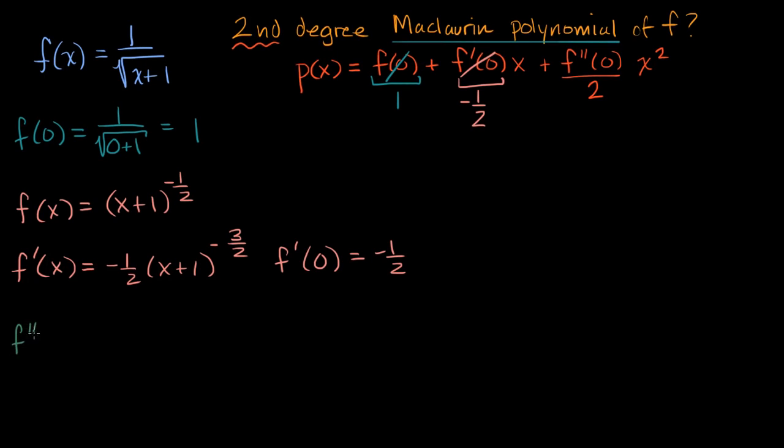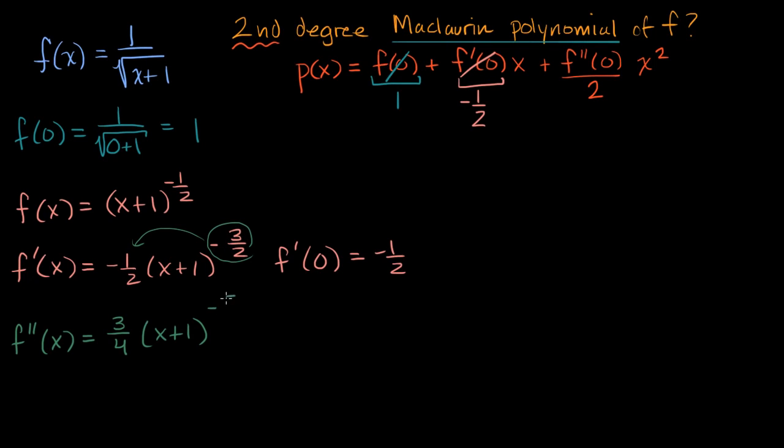So the second derivative with respect to x, well, I do the same thing again. The derivative of x plus 1 with respect to x, that's just 1. So I just have to take the derivative of the whole thing with respect to x plus 1. So I take my exponent, bring it out front. Negative 3/2 times 1/2 times negative 1/2 is going to be positive 3/4 times x plus 1. And then I decrement the exponent here by 1, or by 2 halves.